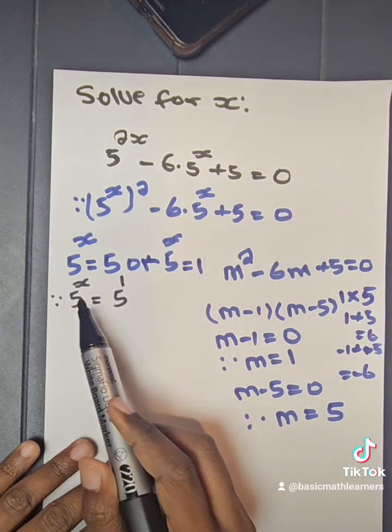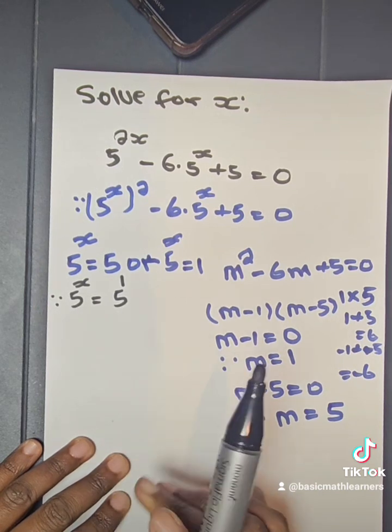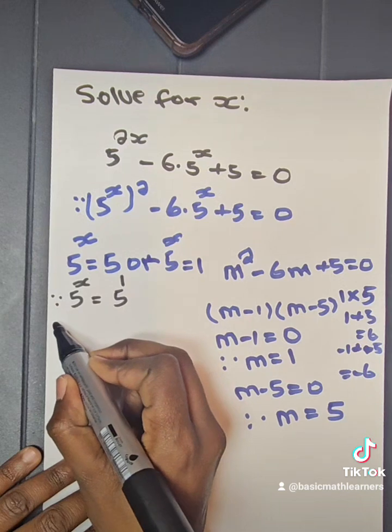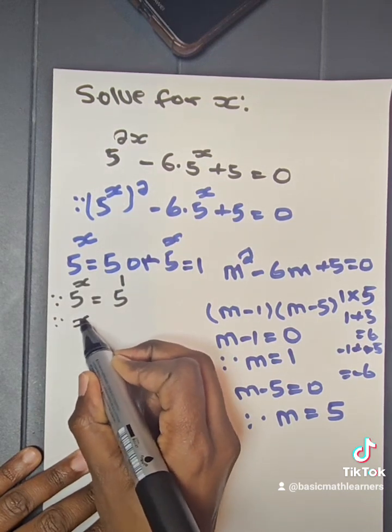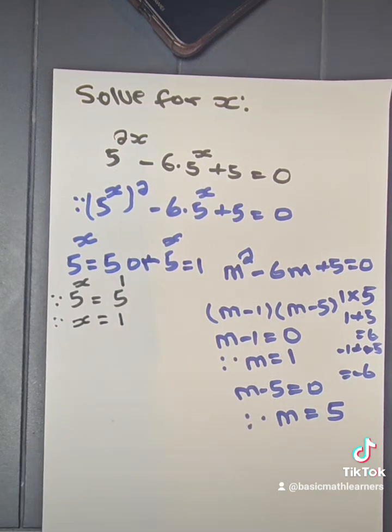So now we have power equal to power, and the bases are the same. The method tells us now to drop the bases. If you drop the bases, we have x equals 1. Well done. First solution, x equals 1.